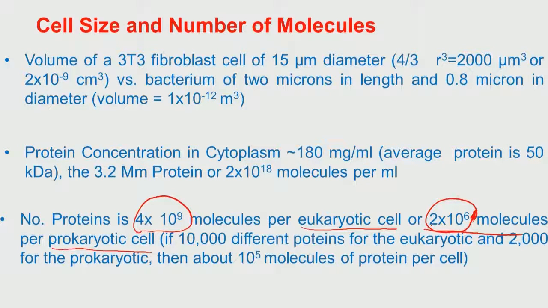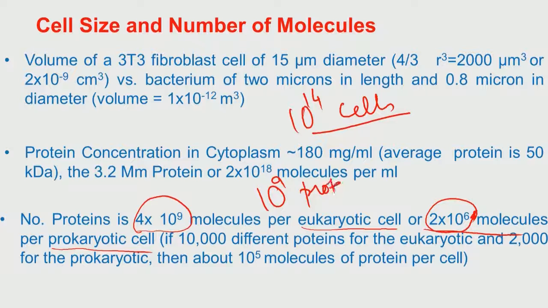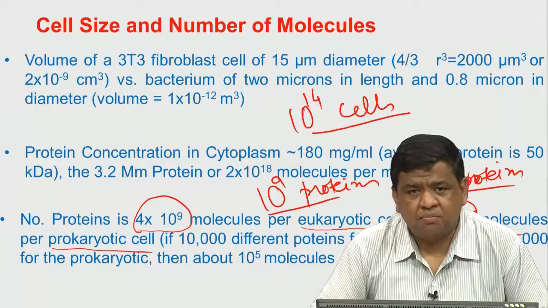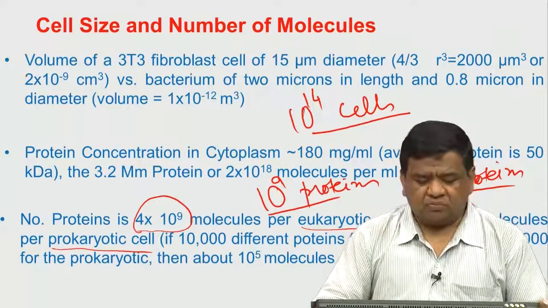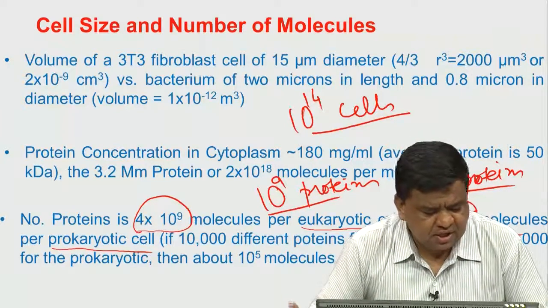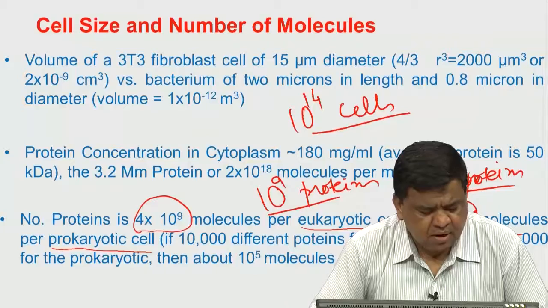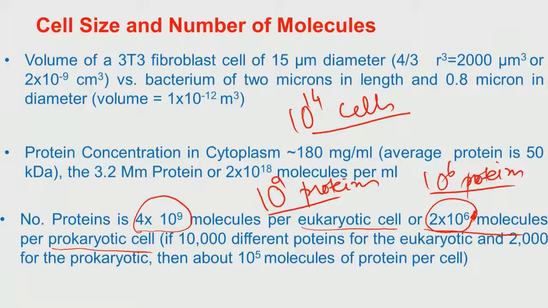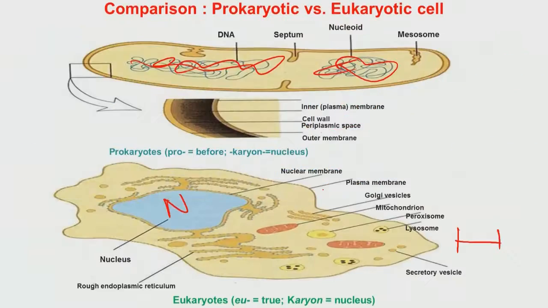So, I repeat, you have 10 to the power 14 cells, typically eukaryotic cells, and in terms of proteins you have 10 to the power 9 proteins in eukaryotic cells, whereas around 10 to the power 6 proteins in prokaryotic cells. Some idea about the order of magnitude of these numbers is important, so that one can rationalize how, once a cell is placed in a culture medium with proteins and so on, these proteins play an important role or mediate the cell material interaction.